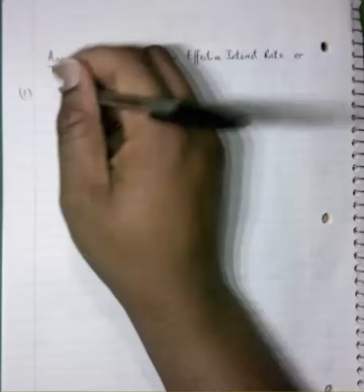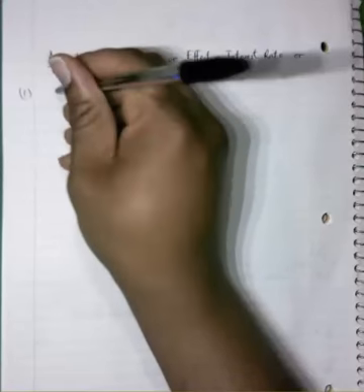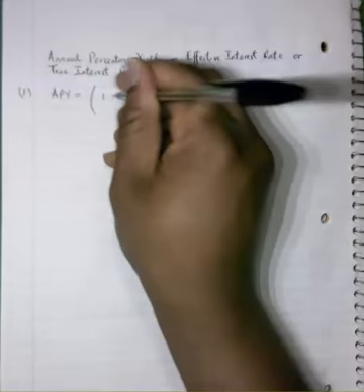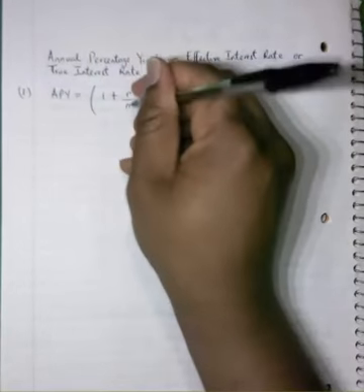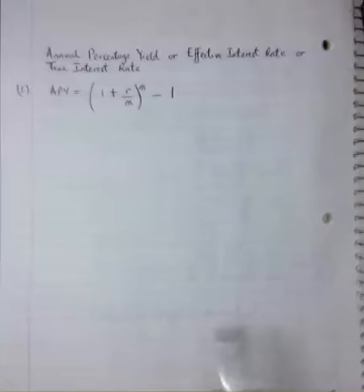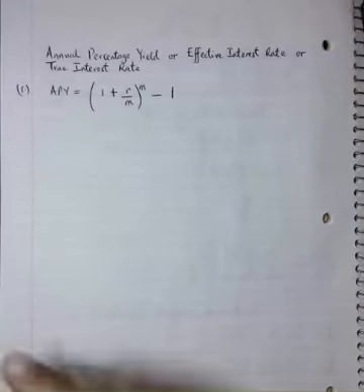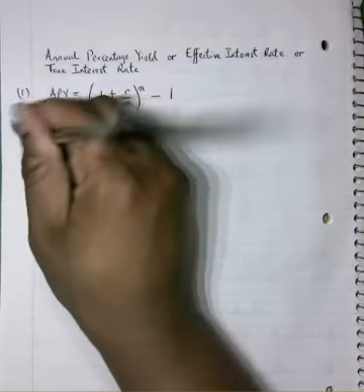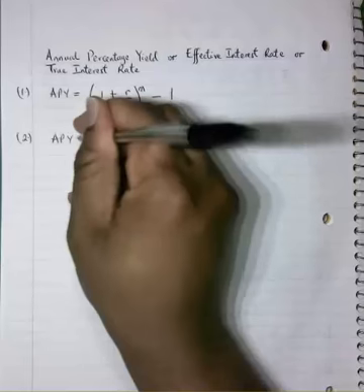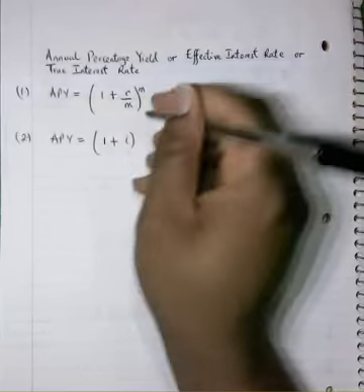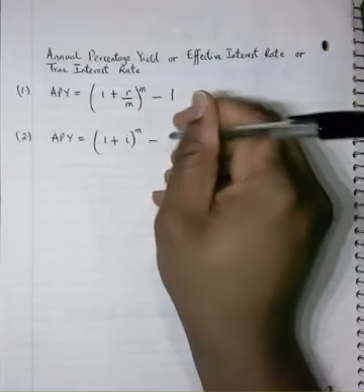Number one, APY is equal to 1 plus r over m, exponent m, minus 1. Number two, we have that APY is equal to 1 plus i, exponent m, minus 1.